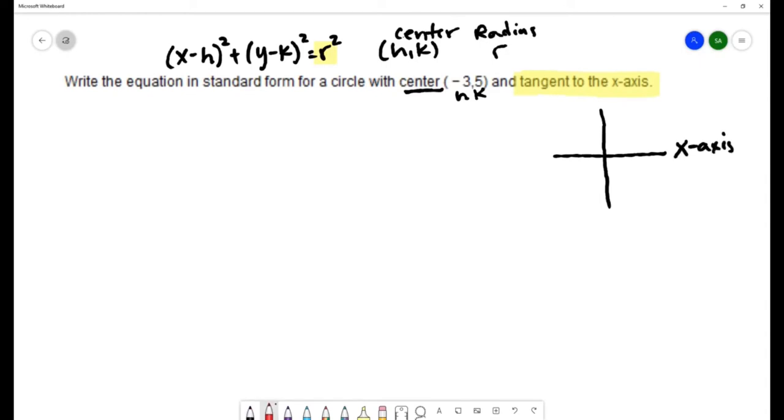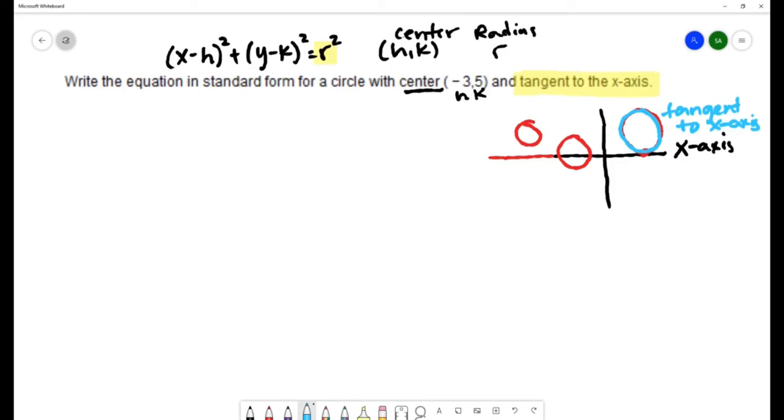If I were to draw a circle that is tangent to the x-axis, that means the circle will touch the x-axis in a single point, rather than crossing the x-axis or totally missing the x-axis. This example here is a circle that is tangent to the x-axis.